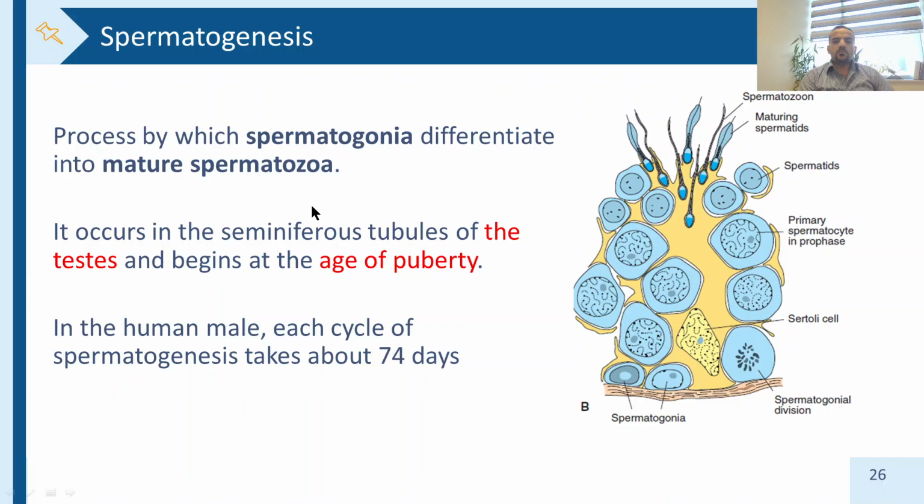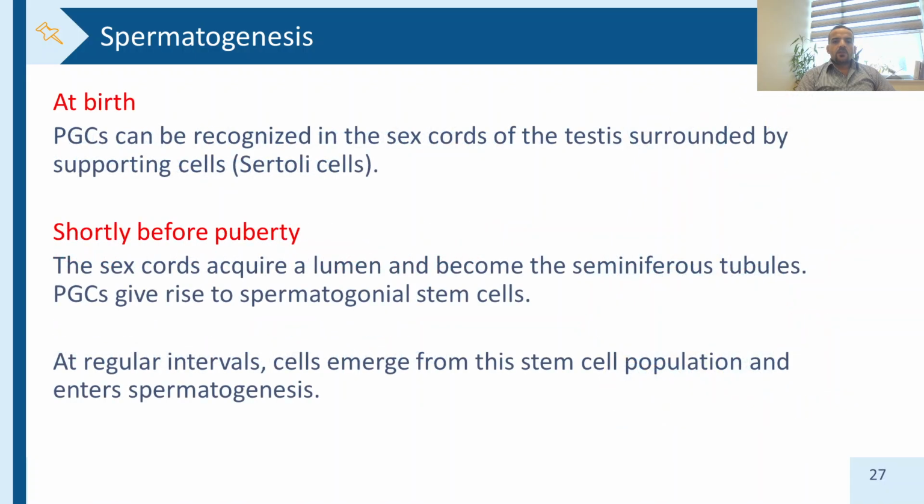At the age of puberty. The cycle of spermatogenesis, each cycle takes about 74 days. شنو اللي يصير بالضبط؟ At birth, primordial germ cells اللي هن سميناهن spermatogonia can be recognized in the sex cords of the testis surrounded by Sertoli cells.